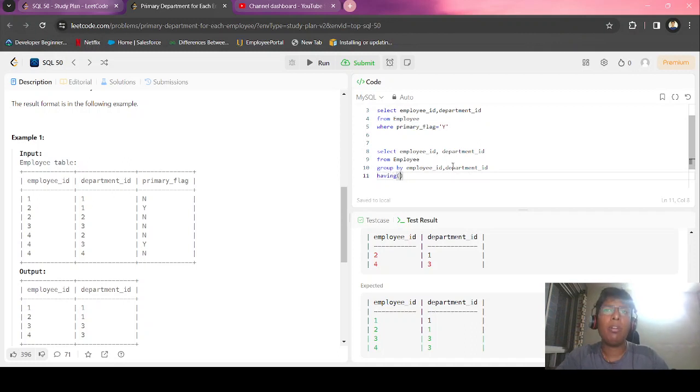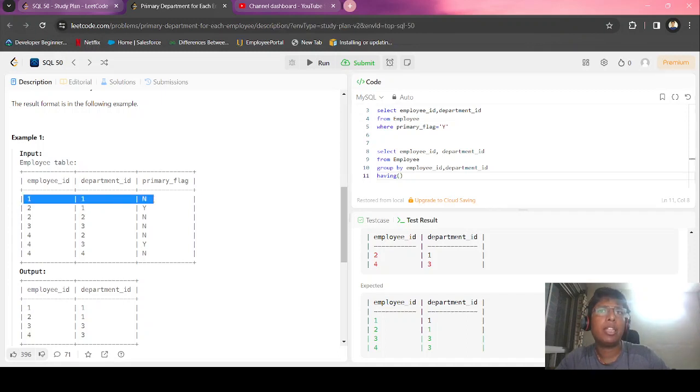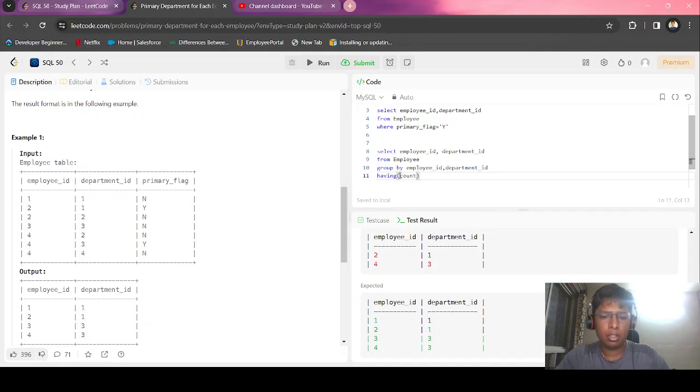How do you count? If we are grouping by employee ID and department ID, this will be created as one group. We have to just say if count of this is equals to 1. So having count star equals to 1.